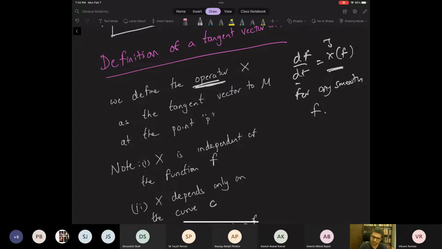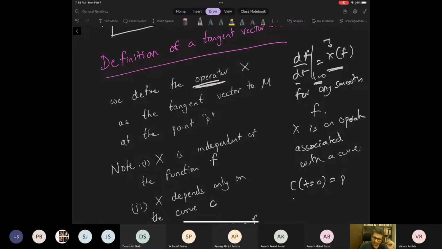So X is an operation associated with a curve, and the point at which you're trying to evaluate it. We're evaluating at some point t equal to 0, and this operation is associated with c(t=0), which is the point p on the manifold, the special point that we chose. So now we've associated this X with the point p. This defines one tangent vector at the point p.